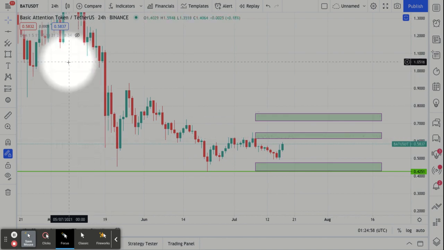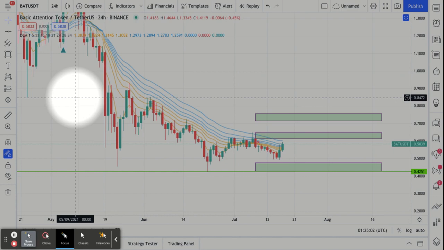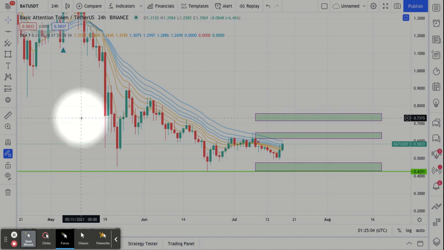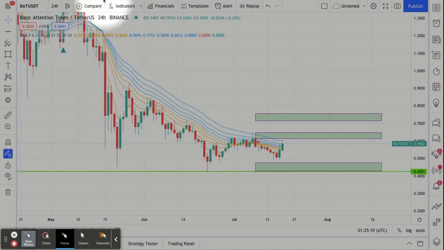So this is the DCA Powertool. It is a moving average ribbon, and it will print different ribbons. Those ribbons are the lines that you are currently seeing on the screen, and they're going to tell you a couple of different things about what the price is doing.